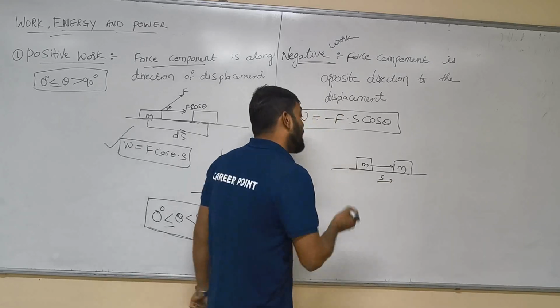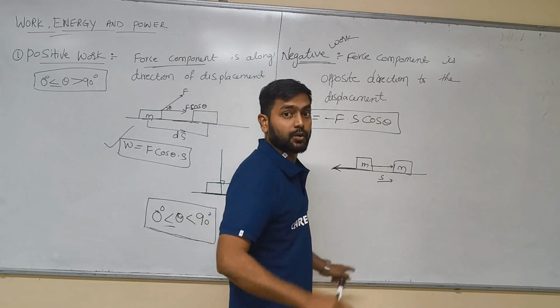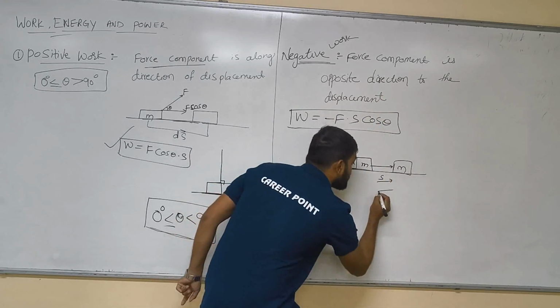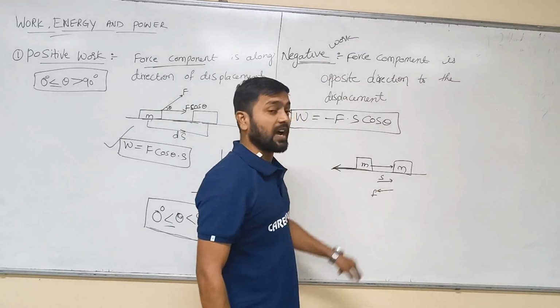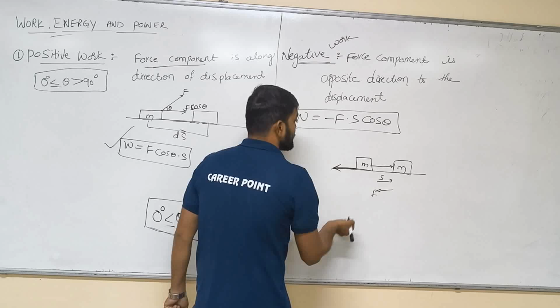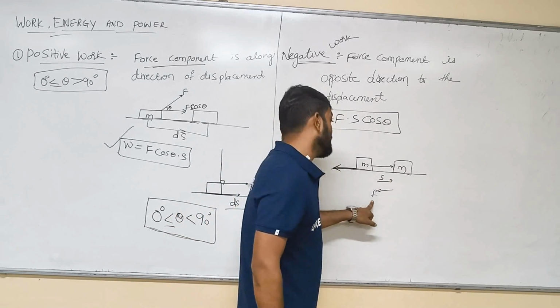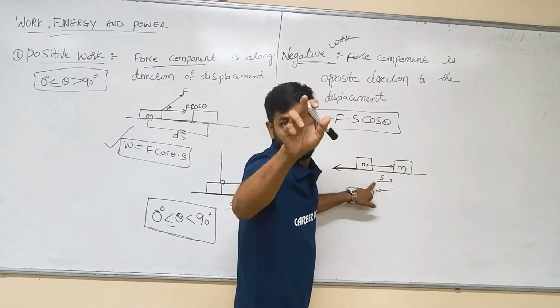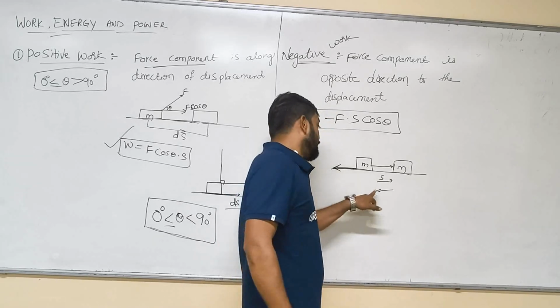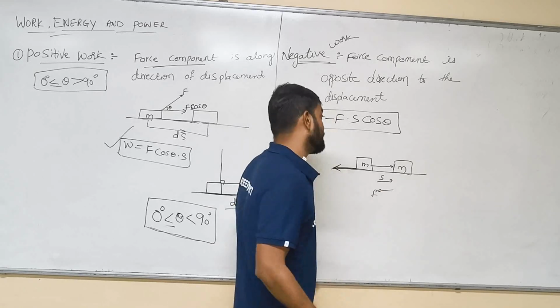The frictional force is in the opposite direction to the displacement. So the force is in the positive direction and the displacement is in the negative direction, or the force is in the negative direction and the displacement is in the positive direction. We can take anything.